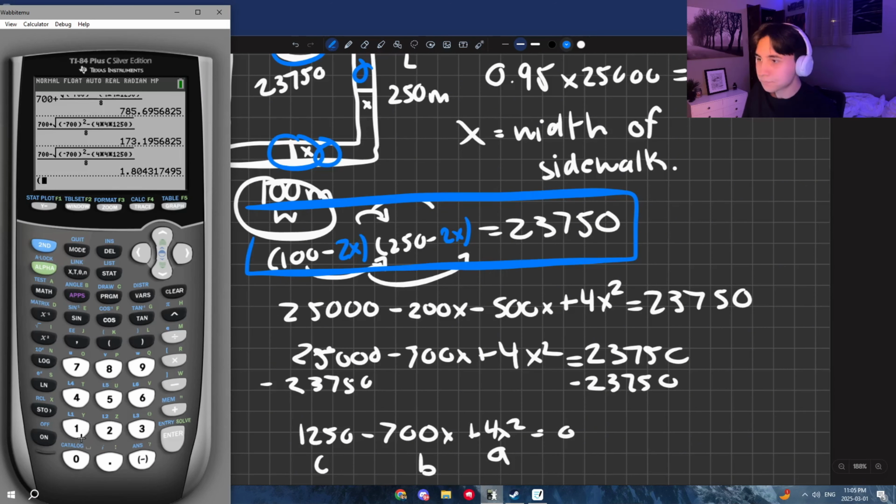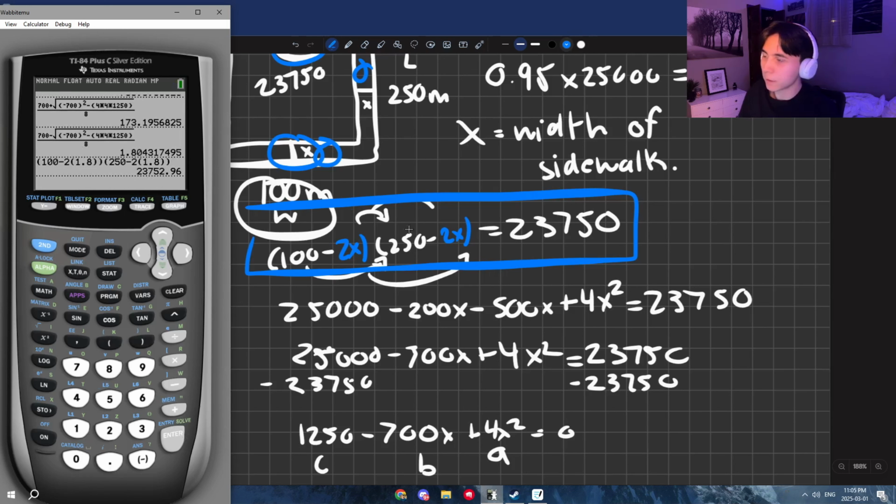So let's do this. We have 100 minus 2 times 1.8, bracket, 250 minus 2 times 1.8, and it gives us 23750.